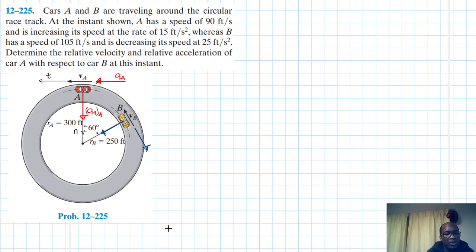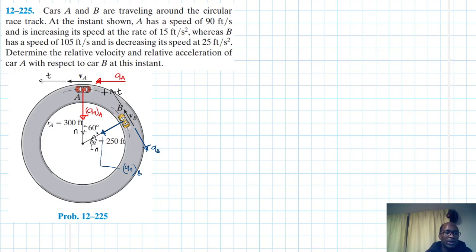This one is a_tB, and this one is a_nB. So we have these axes: this is T, tangential, and this is N.